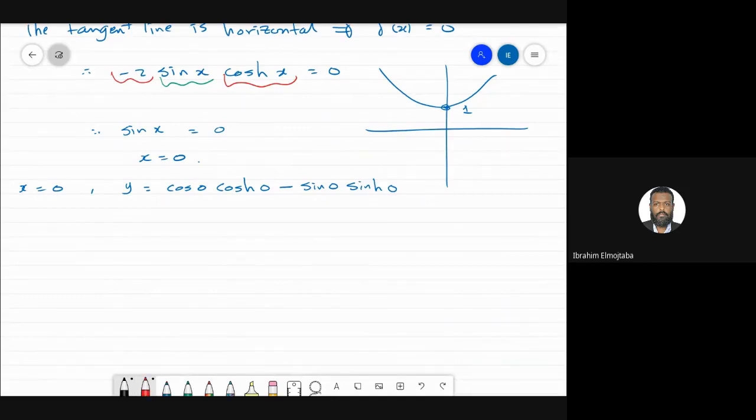Right? And sine 0 is 0, hyperbolic sine 0 is 0, and this is 1. First one here is 1. So y is equal to 1. That means the point is x equal to 0 and y equal to 1. Right?